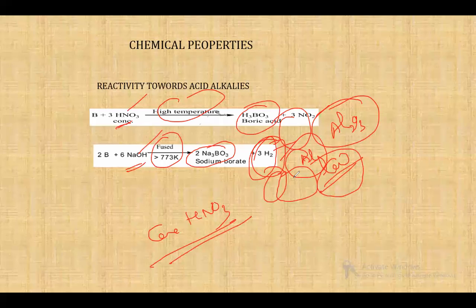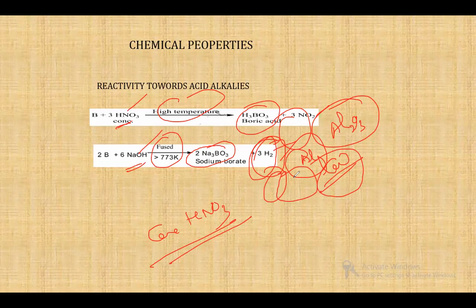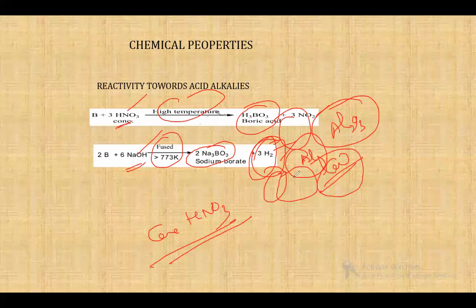Now if it reacts with HCl or NaOH, it forms aluminium chloride when treated with hydrochloric acid, and it is also possible to react with sodium hydroxide.